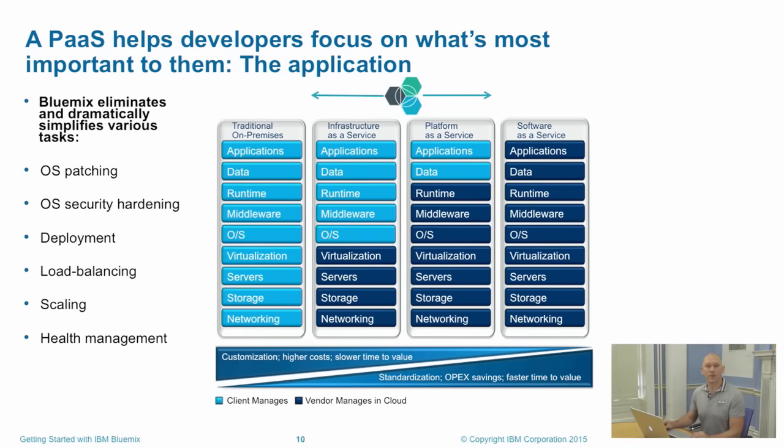They don't need to worry about how that is provided to them. They just consume an application on demand. As we move from traditional to software, obviously the costs become lower. We save on OpEx and we get a faster, more agile environment. But we do lose the ability to customize that environment.